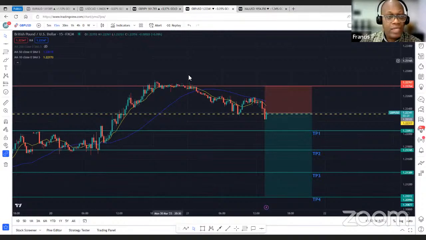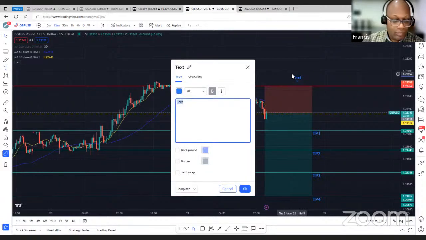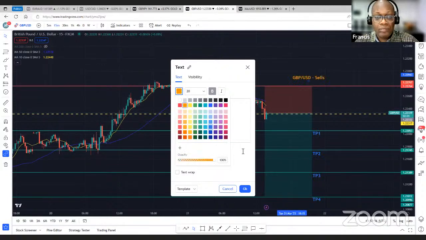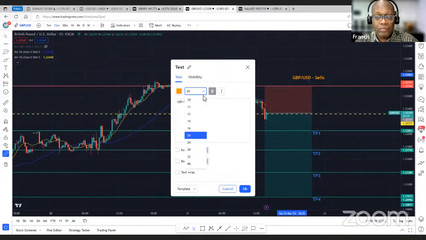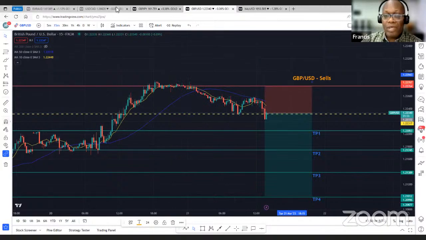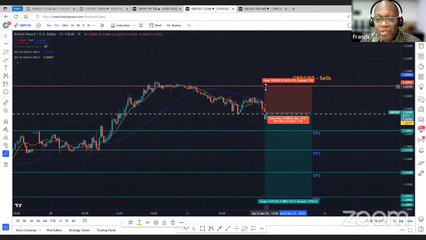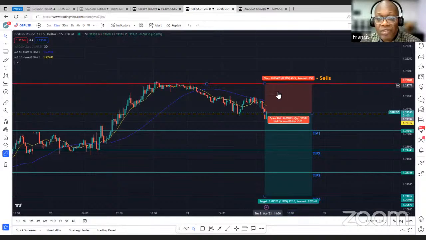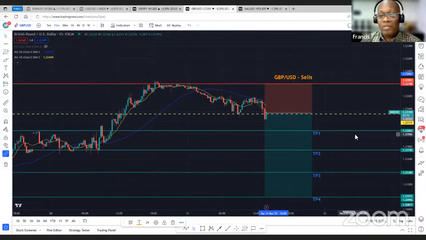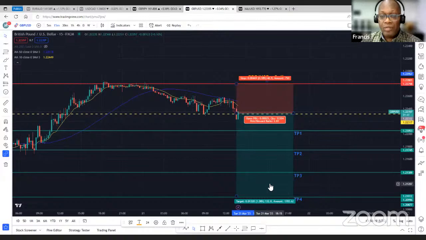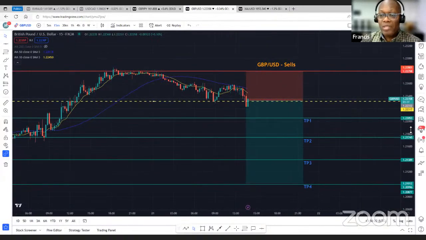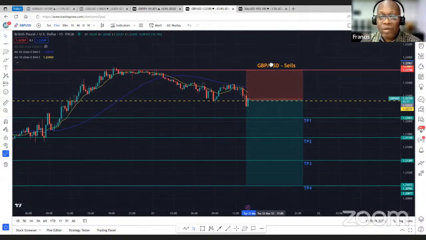Let's make a note of that. So we're risking about 45 pips or so, to potentially gain 130 something pips, but obviously taking profit along the way. We're hoping this will now drop for us.